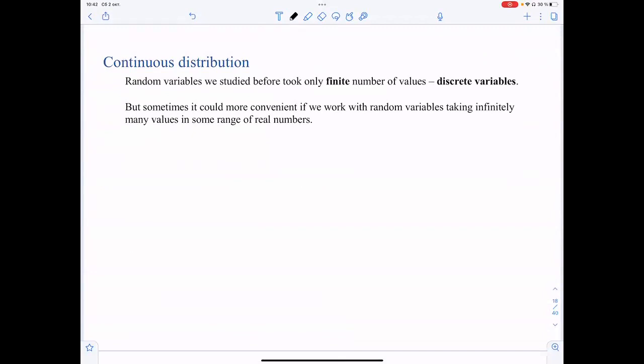So look, we've been studying discrete random variables, and these are variables that have a finite number of possible outcomes. So for example, like the previous problem with U and V, U had 3 possible values, V had 3 possible values, and they were discrete random variables.